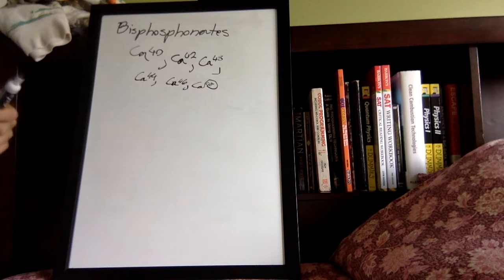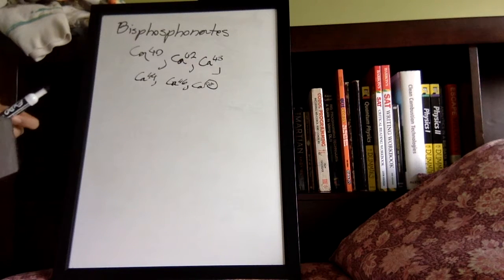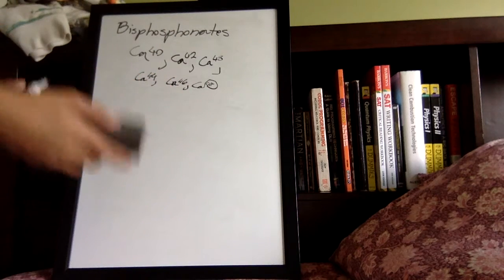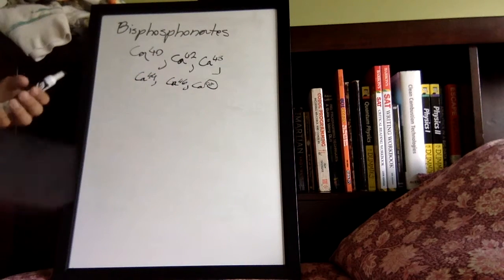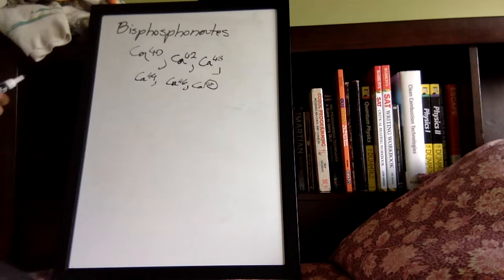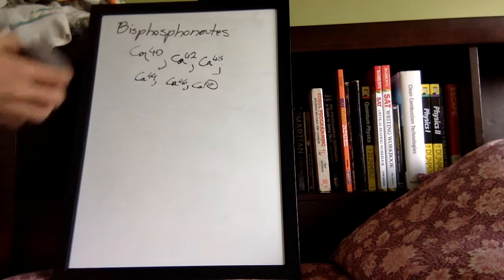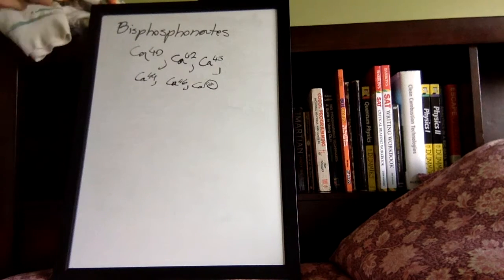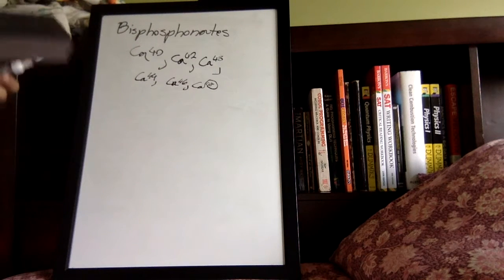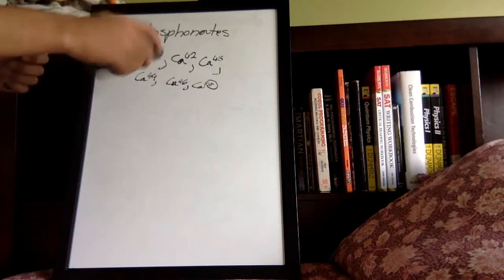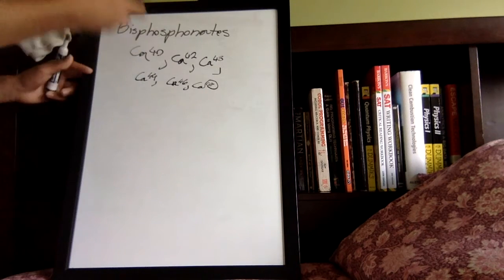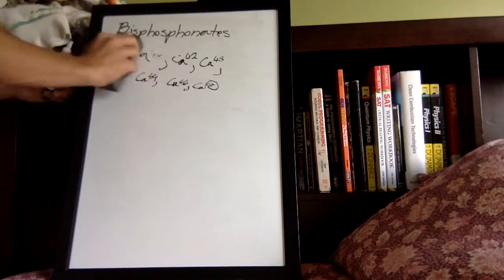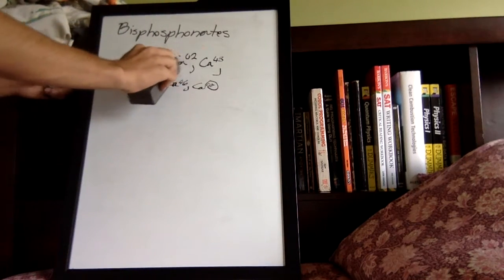So, since it is harder for the heavier isotopes to diffuse and to precipitate, when osteoblasts are releasing calcium into the bone, they end up taking away all the lighter isotopes.